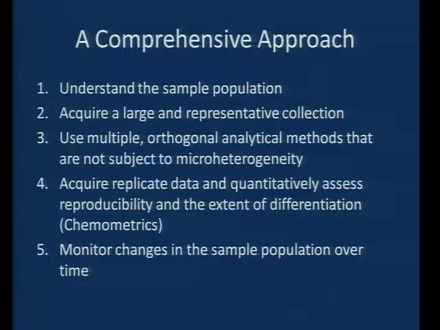Then going out and gathering your samples with that amount of insight in terms of how it's distributed. Then looking at multiple techniques, not necessarily the one that you like the best, but evaluating different ones. And then finally applying some sort of quantitative measures to differentiation. And then unfortunately for trace, these populations are changing over time, as we've discussed. So you do need to keep up with those changes by monitoring them over time.